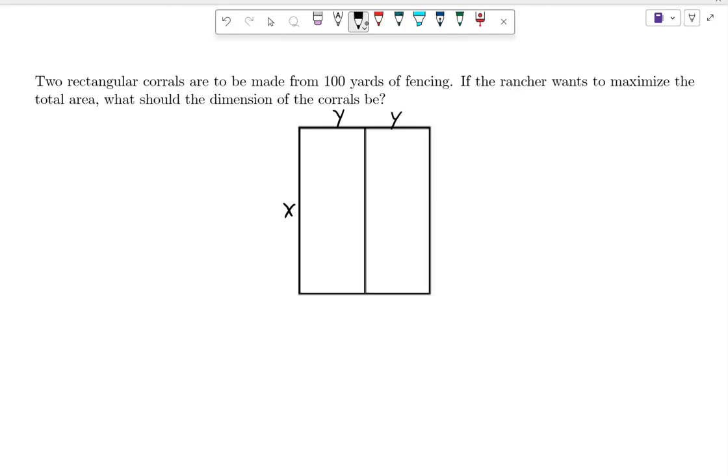What is it that we're trying to maximize? The total area. How do we find the area of a rectangle? Length times width. So if I want the total area, what would I multiply together?